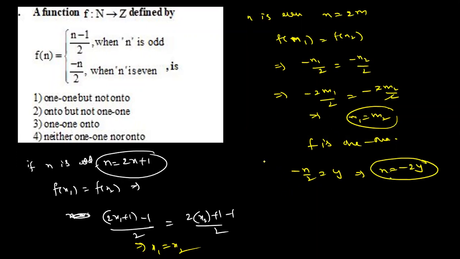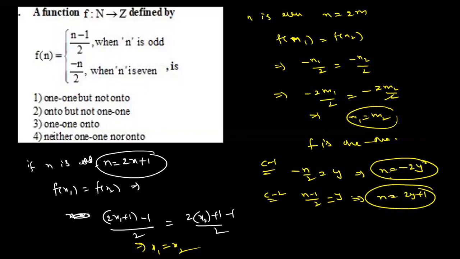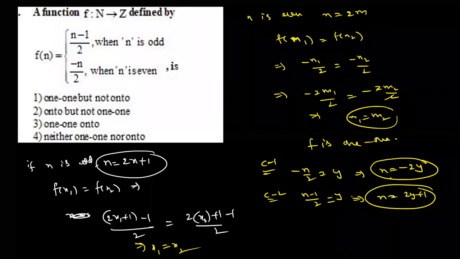Case 1, case 2: suppose (n - 1)/2 = y, then n = 2y + 1, which is an odd number. Clear? The other is an even number. Both values exist, and for every element in the codomain Z there exists at least one preimage.